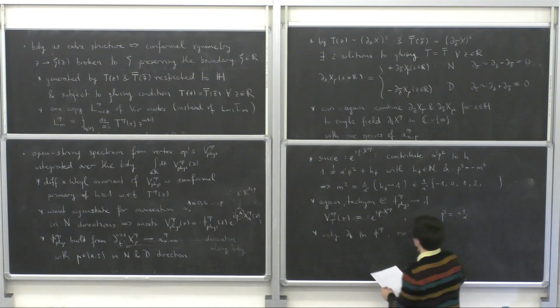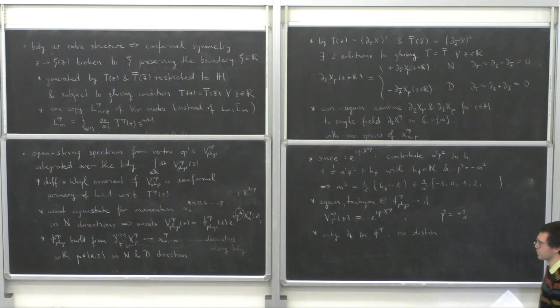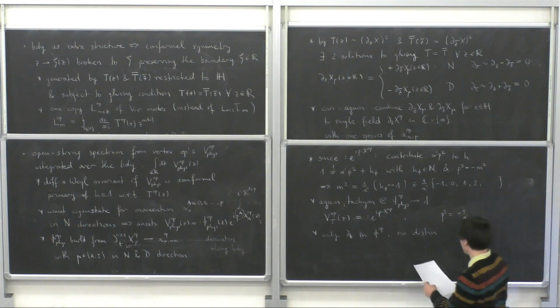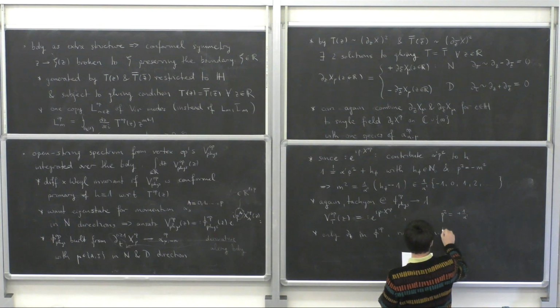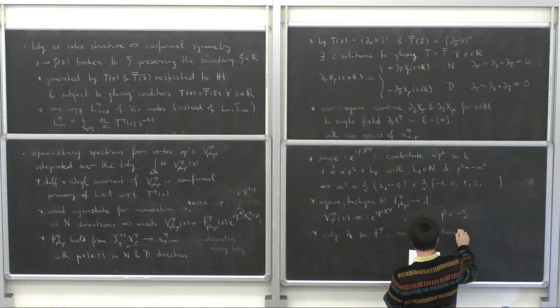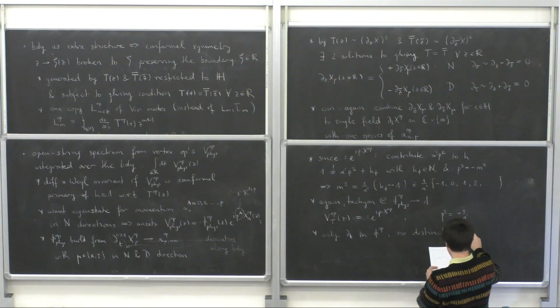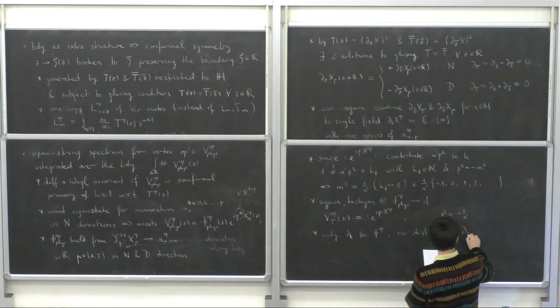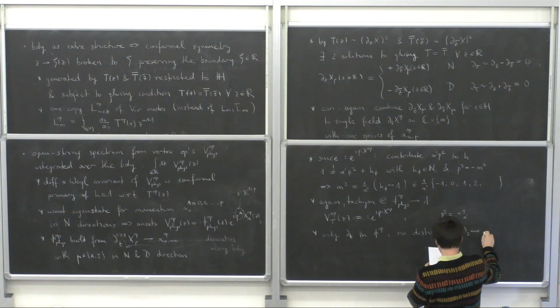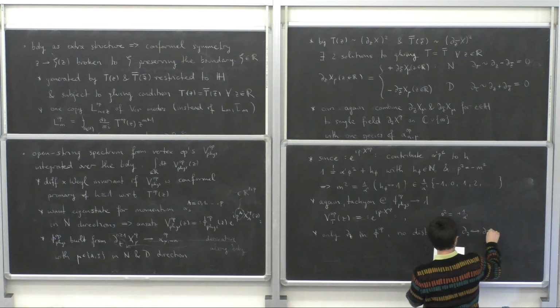Loosely speaking, the open string spectrum is the square root of the closed string spectrum, and I guess this will become pretty obvious when I go through the massless states in 5 to 10 minutes.